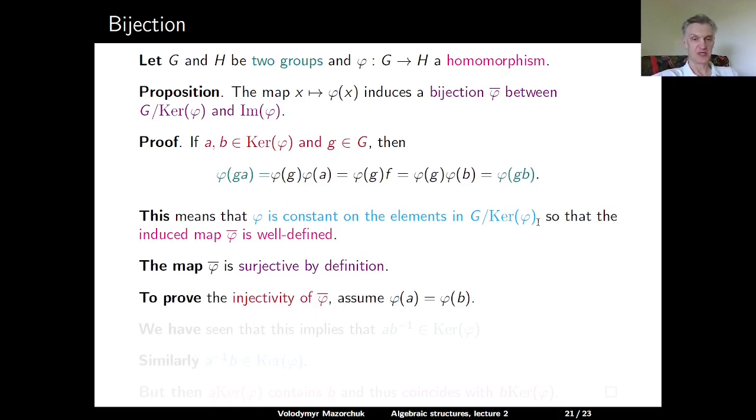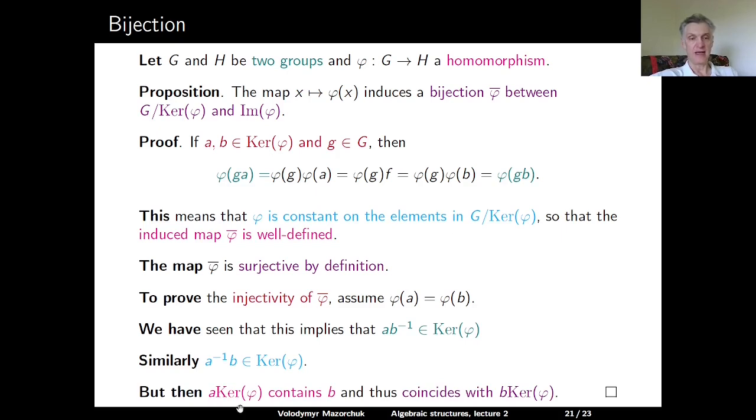So let's prove injectivity. Assume that phi of A is equal to phi of B for some A and B in G. And on the previous slide we saw that this means that AB inverse is in the kernel of phi, and similarly one proves that A inverse B is in the kernel of phi.